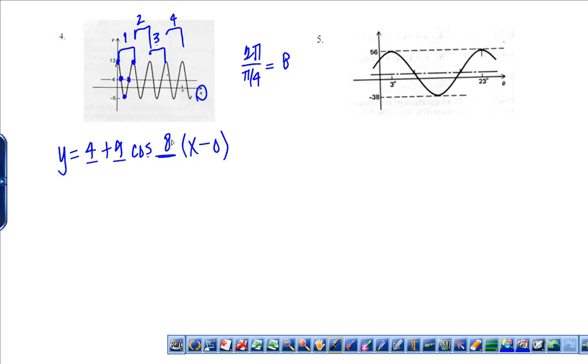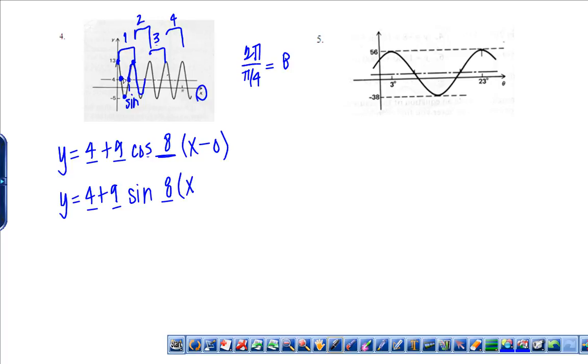Well, I'm done with cosine. Let's look at sine. I might need those critical points for cosine. In fact, I know I will. 4 stays, 9 stays, sine. 8 is your b value, and x. Let's see where we can start for sine. You could start at 4 and be a negative sine. How about we start at this point so that you could have a positive sine function?